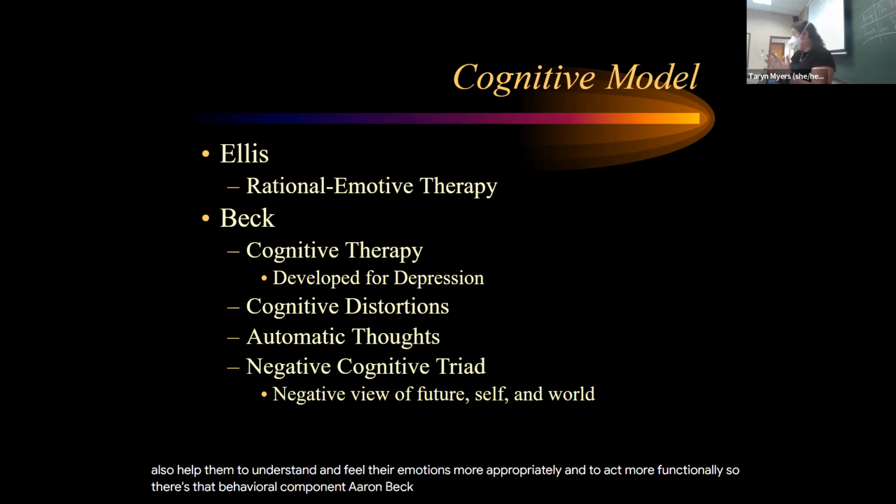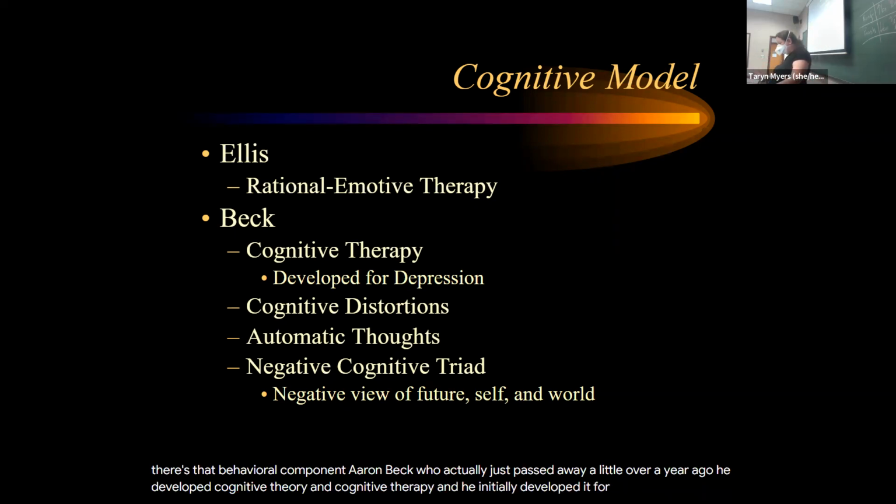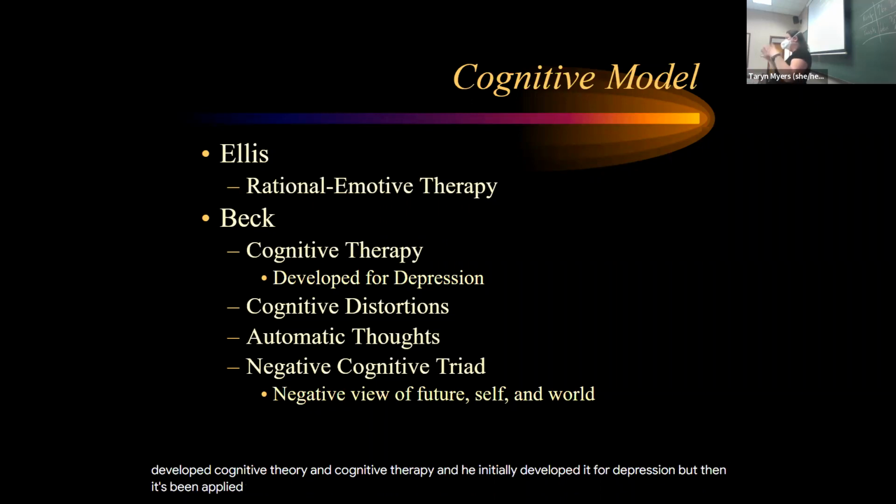Aaron Beck, who actually just passed away a little over a year ago, developed cognitive theory and cognitive therapy. He initially developed it for depression, but then it's been applied to a wide variety of disorders. This idea was pretty similar to Ellis's, honestly, but he used some different terminology.